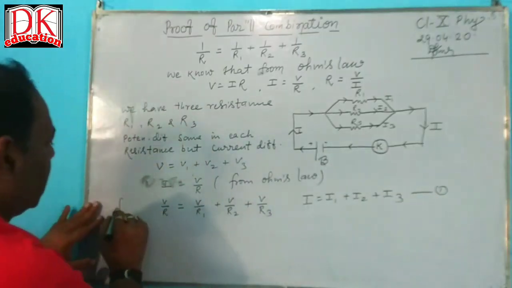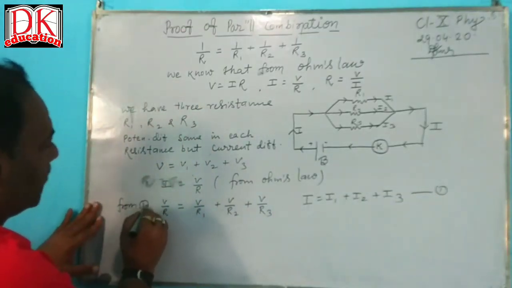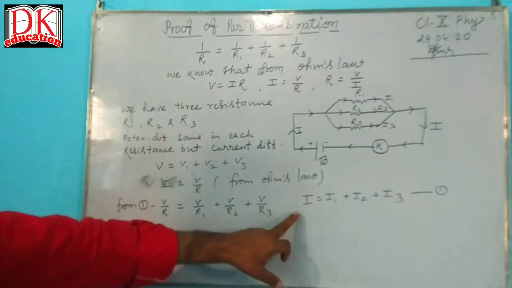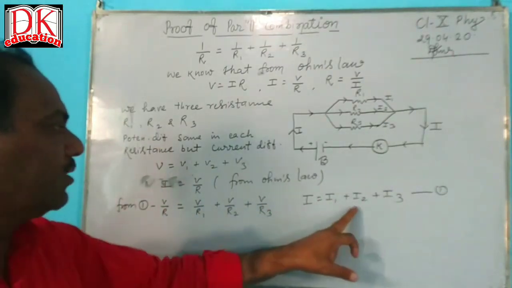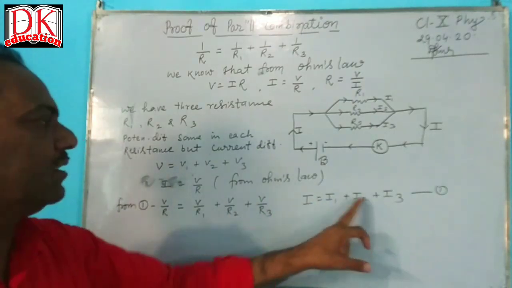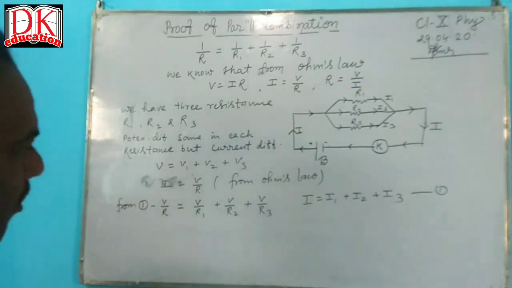From equation number 1, I is equal to V by R, I1 is equal to V by R1, I2 is equal to V by R2 and I3 is equal to V by R3.